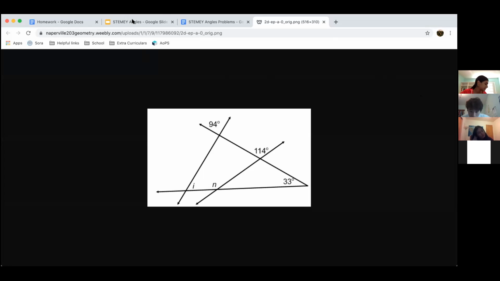You know, I should probably do this as well. What do you solve for? I and N. Using vertical angles would be very helpful in this situation, and knowing that triangles are 180 and quadrilaterals are 360. Also supplementary angles are important.